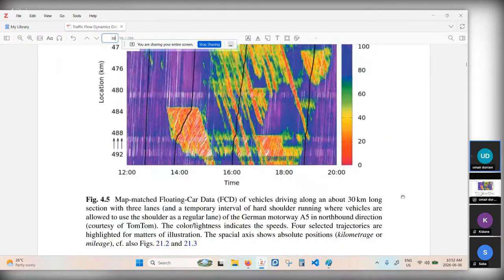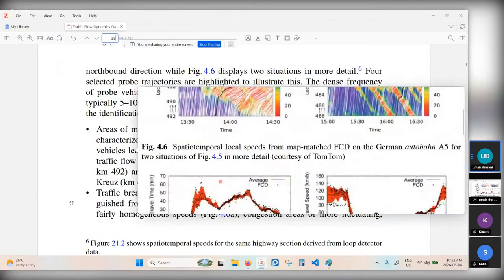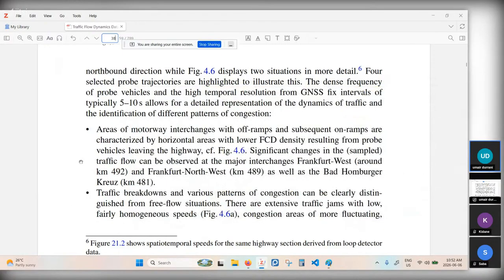Here, as I said, they're showing us multiple vehicles, and these are areas of motorway interchanges with off ramps and subsequent on ramps, characterized by horizontal areas with lower floating car data density.